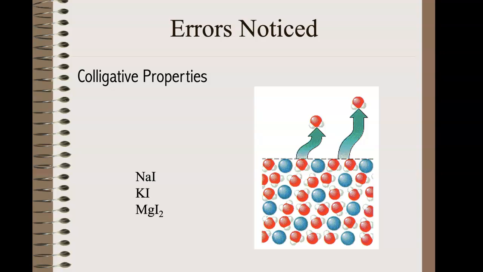All right, now here's the next problem that I saw, with the colligative properties. So don't forget those colligative properties: boiling point elevation, freezing point depression, vapor pressure lowering. And so these colligative properties depend solely on the particles. So if we have these 3 ionic solutes, chemically like the water, they'll dissolve.